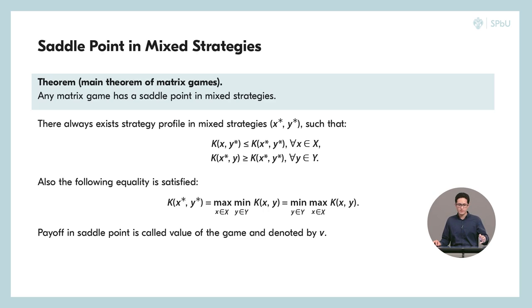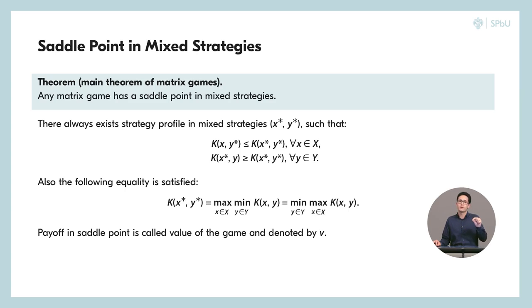It also means that the conditions for a saddle point are always satisfied. So there is always a strategy profile x star, y star for which the two conditions presented on the slide are satisfied, and the necessary and sufficient conditions for the strategy profile are satisfied.